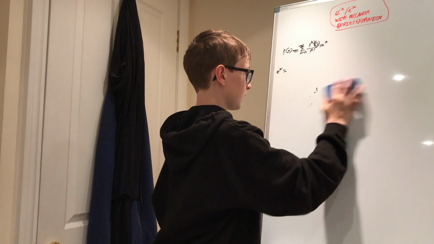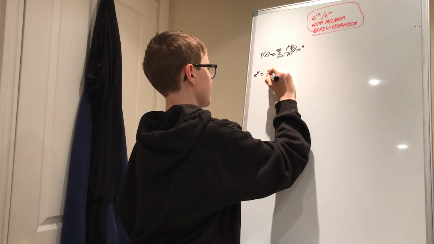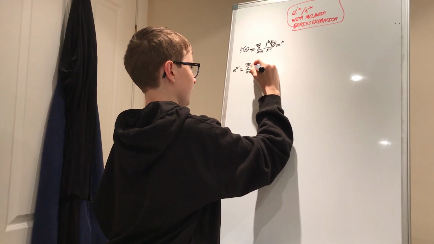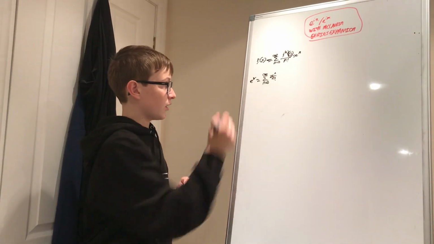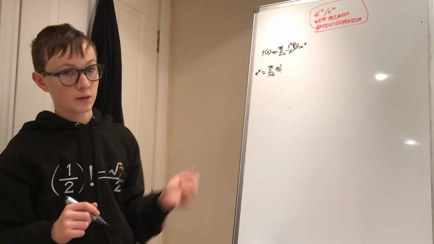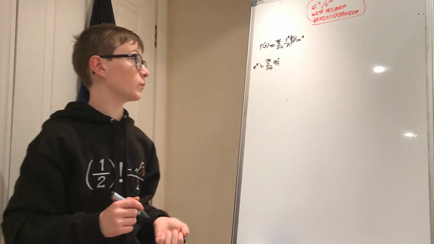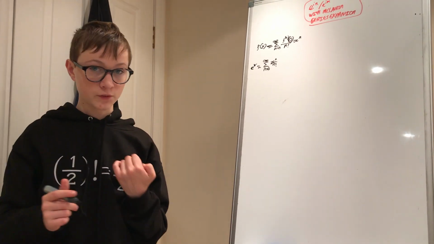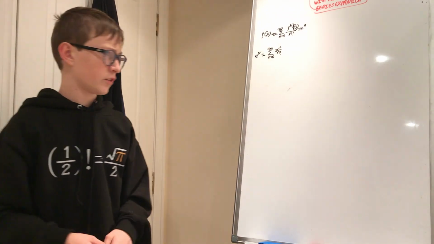So this equals the sum as n goes from 0 to infinity of x to the n over n factorial. And that's where we get, say, if we plug in 1 for our x, for example, the sum as n goes from 0 to infinity of 1 over n factorial, which is a very common definition for e. But this holds for any x, okay?